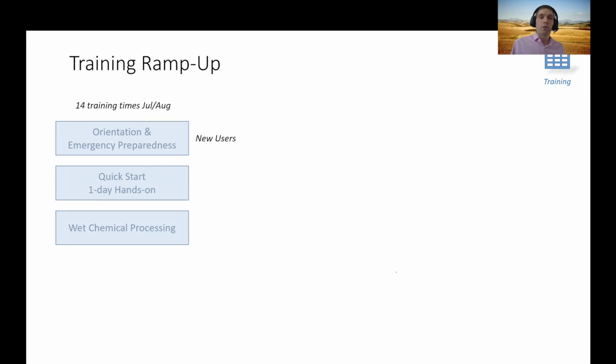It breaks down into quick starts, which is the new to the fab, new to the clean room, 1-day hands-on training. So let's say a new graduate student joins and has never worked in the clean room before. This is after the orientation, the follow-up to get some hands-on experience. And then finally, the wet chemical processing, which is really designed for new and existing users, right, who want to accelerate how to get access to the wet benches.